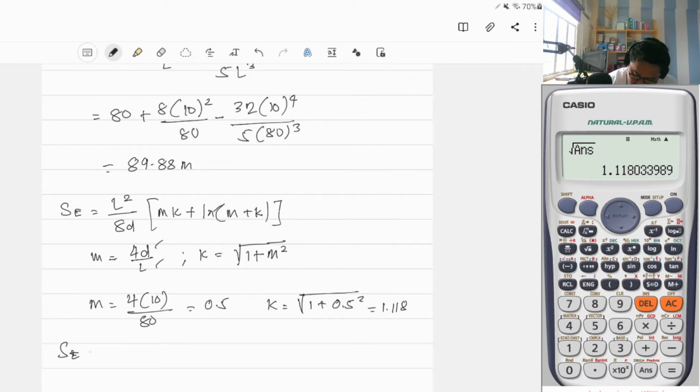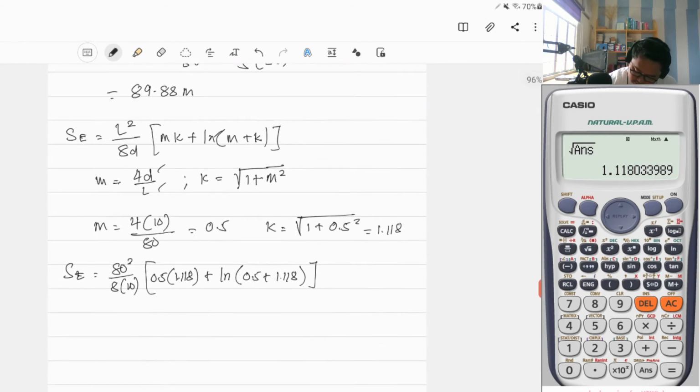So SE equals 80 squared over 8 times 10, quantity M is 0.5, K is 1.118, plus ln M is 0.5, K is 1.118.